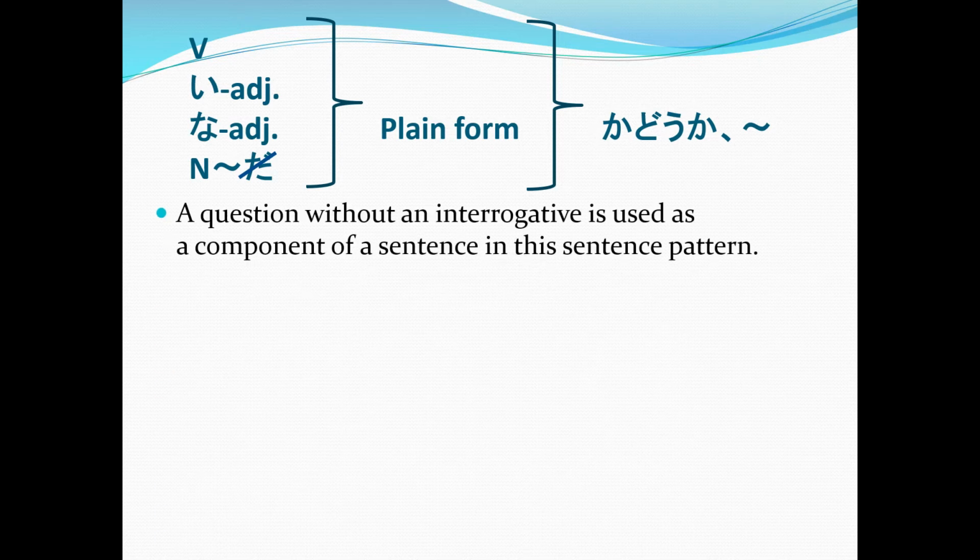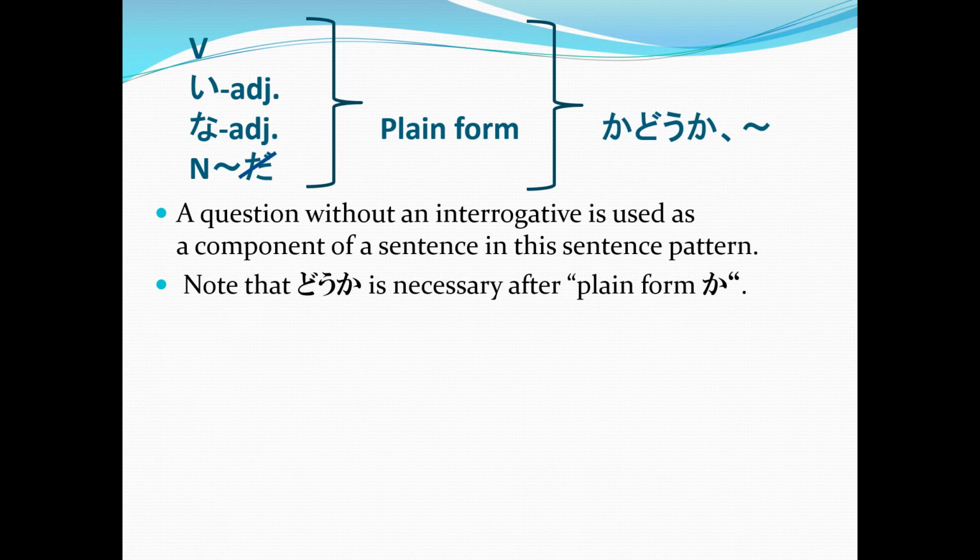Now, this sentence pattern is used when using a question that does not include an interrogative as a component of another sentence. And be careful because doka is required after the plain form ka.